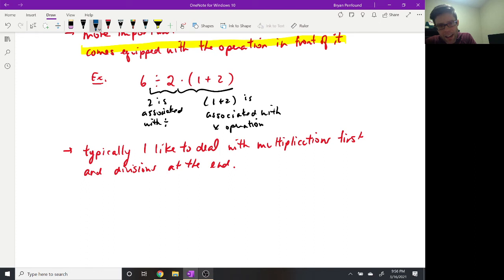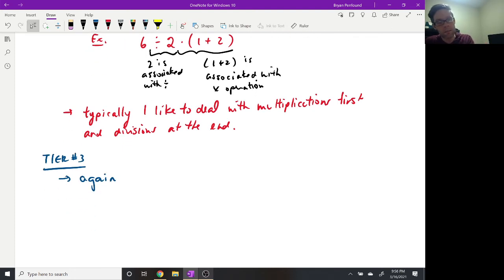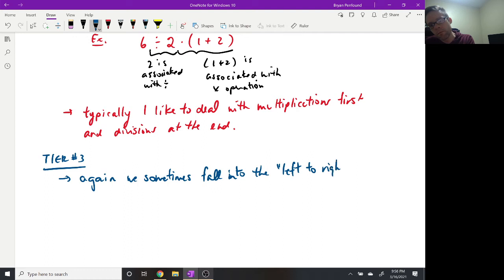And the same kind of thing I find happens in tier number 3 is that we often tell students to just go from left to right, but there's really nice flexibility in being able to group together nice friendly numbers. So it's just something to be mindful of. Again, sometimes we fall into that trap of left to rightness. But personally, I think it's better to have flexibility, provided that you understand that a number and an operation have to go together.